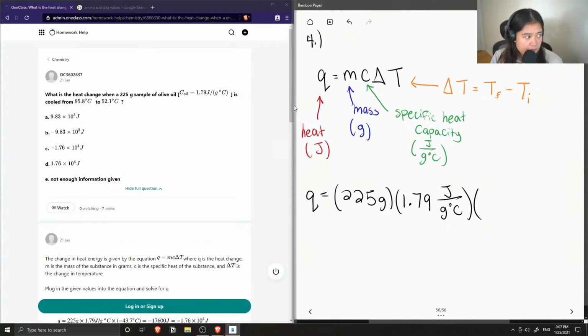And we know its final temperature is 52.1 degrees Celsius, and its initial temperature was 95.8 degrees Celsius.